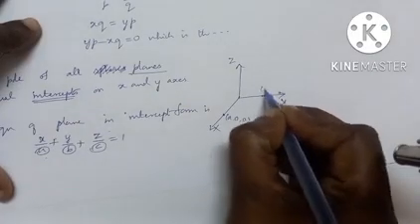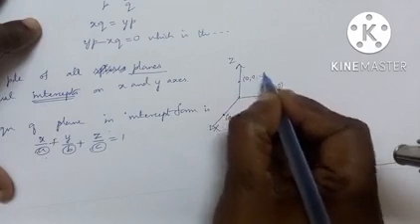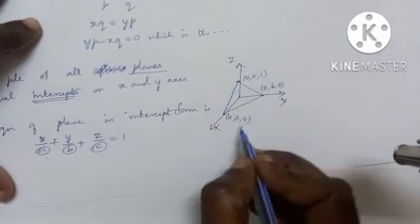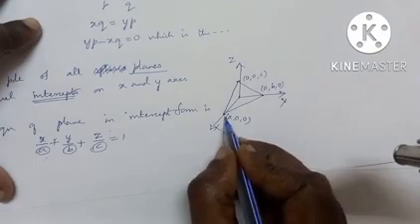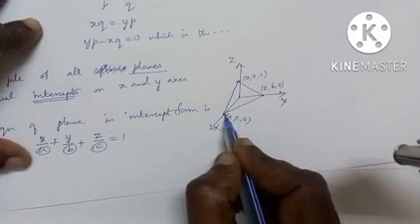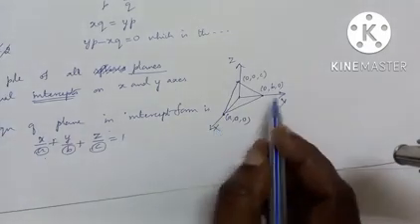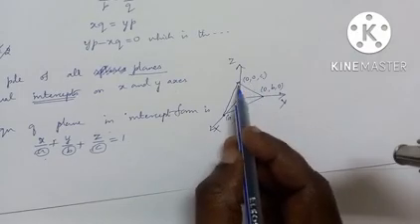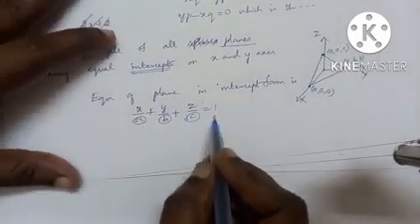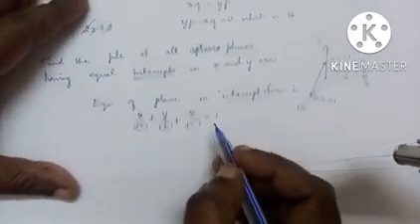The point which touches the axis, this A touches the axis, we call it an intercept. A is the x-intercept, B is the y-intercept, C is the z-intercept. So x by a plus y by b plus z by c equal to 1 is the general form, the equation of a plane in intercept form.